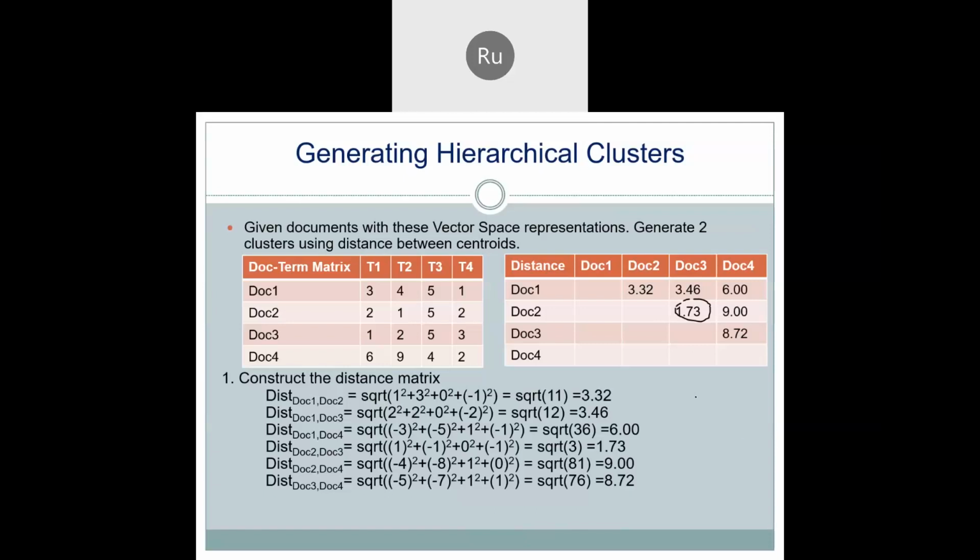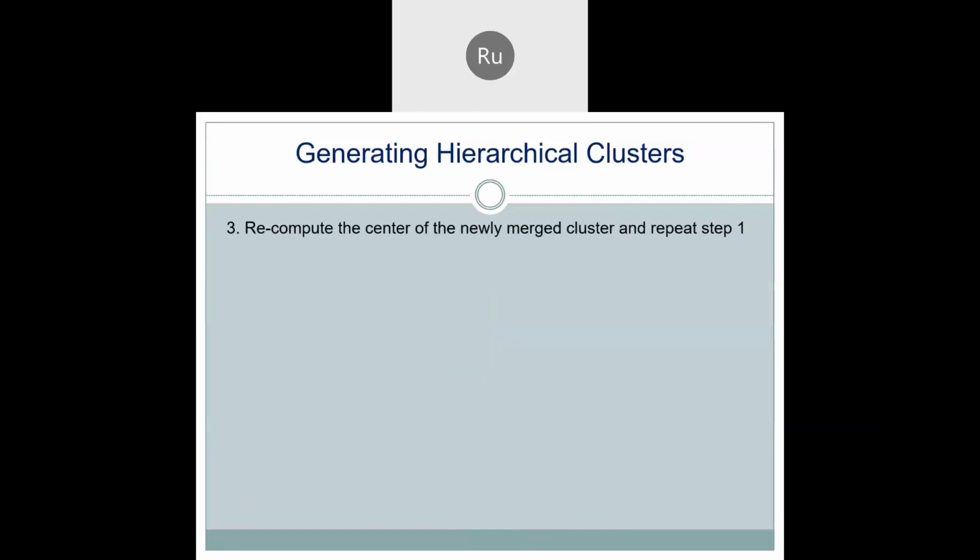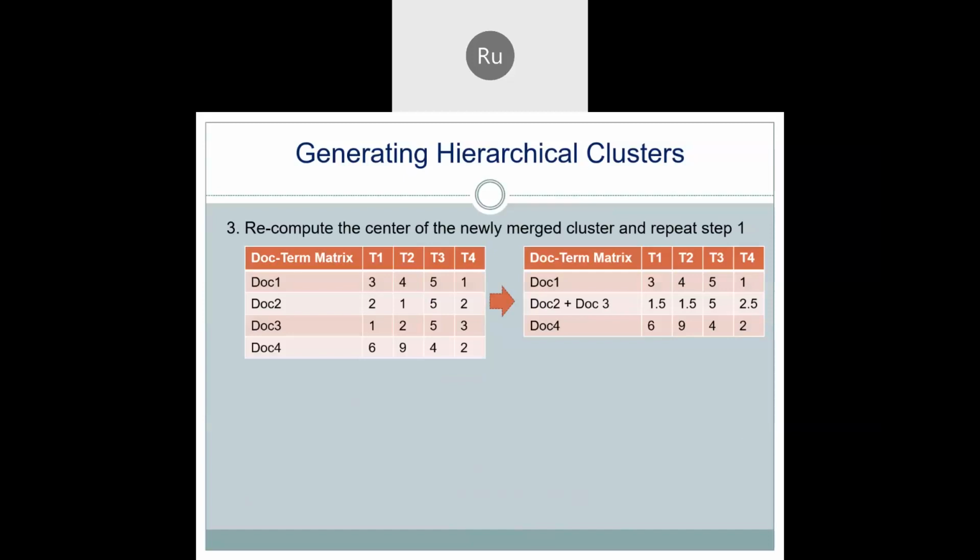So we merge these two, documents 2 and 3. And for the new value, we take the average. So we take the average of this, this, this, and this.